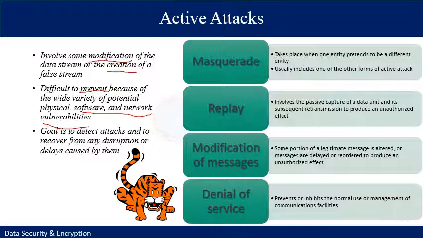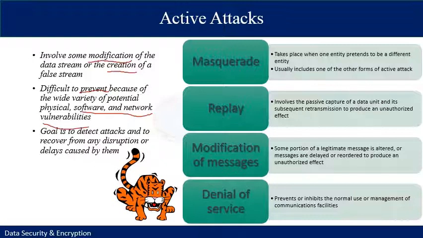Number one is masquerading. Number two is replay. Number three is modification of messages. And number four is denial of service. A masquerade attack takes place when one entity pretends to be a different entity, and it usually includes one of the other forms of active attacks.